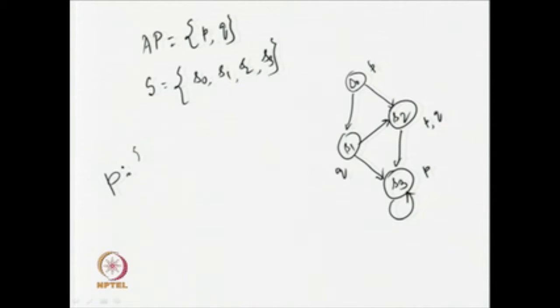If you see these things, then these are S0, S2 and S3, and which are the states where the atomic proposition Q is true. In this case, you will find that these are S1 and S2.